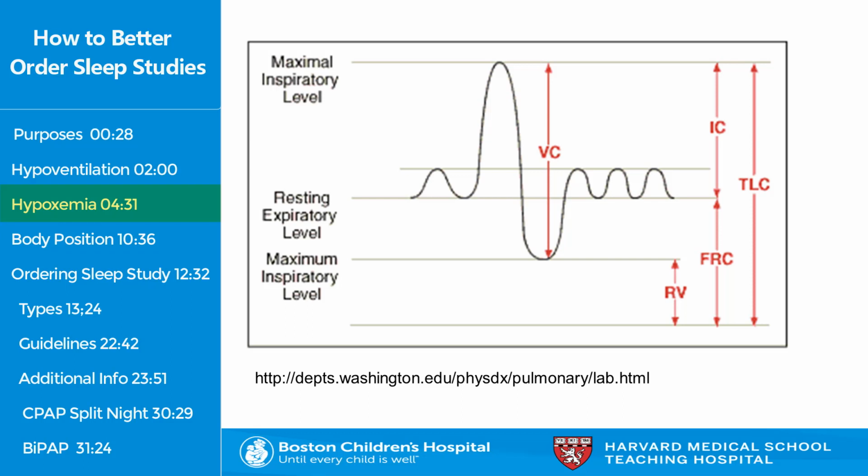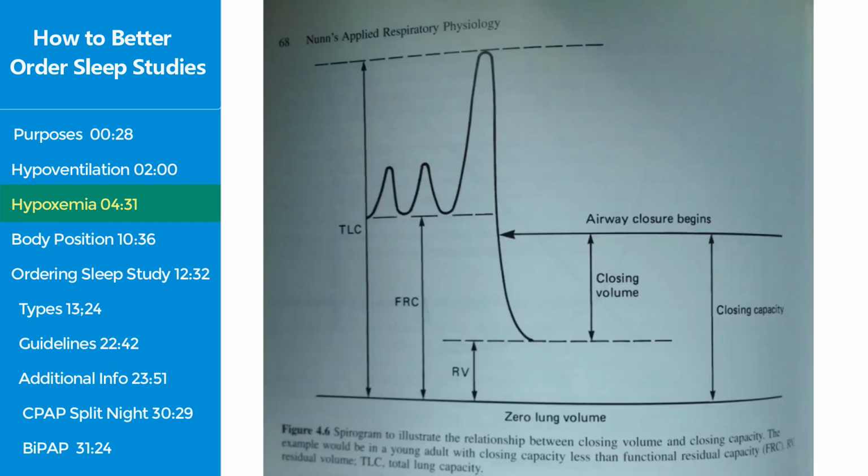And the reason this is so important is because if you look at this graph, which demonstrates what happens as the functional residual capacity diminishes, you'll note that airway closure begins below a certain point. And what that means is that the smaller airways of the lungs begin to shut down, meaning that those areas of the lung don't participate in gas exchange.